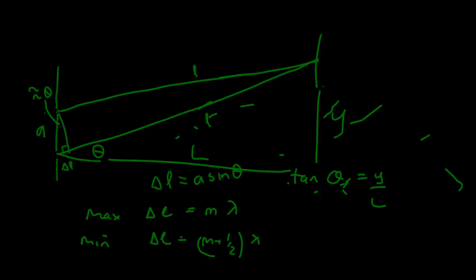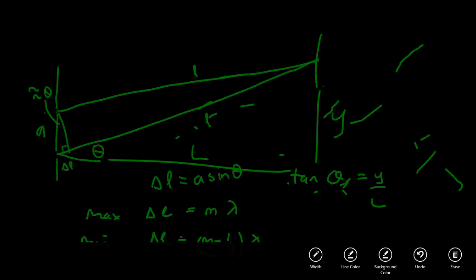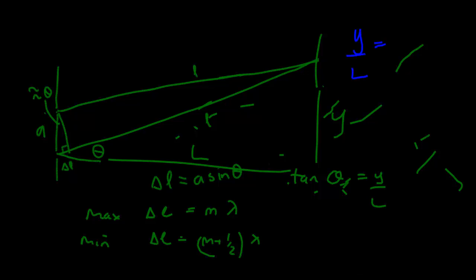It turns out to be almost exactly the same expression. Using that same thing, you end up with y on L equals m lambda over A, which is what we had for the single slit experiment. But in the single slit experiment, that was for a minima, whereas this one is for a maximum.